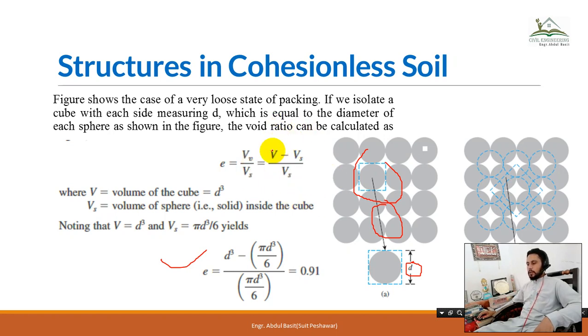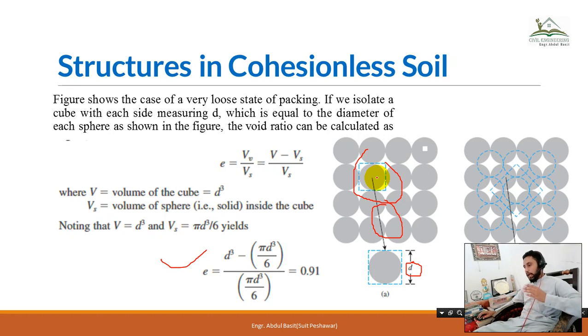So the total volume, let's say I am considering this one cube that is being plotted here in blue color. From one direction or in a single plane you can see that it is a rectangle, but this is not a rectangle, this is a complete cube.